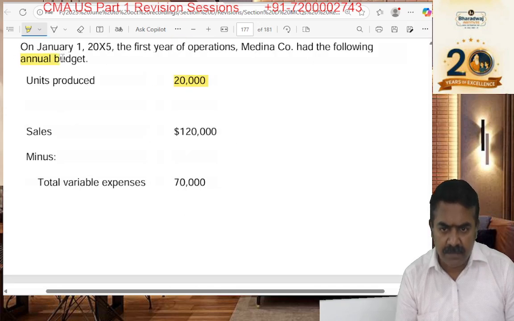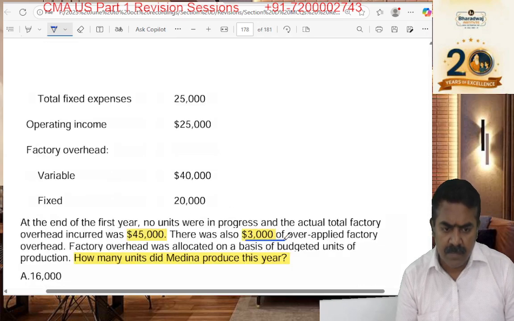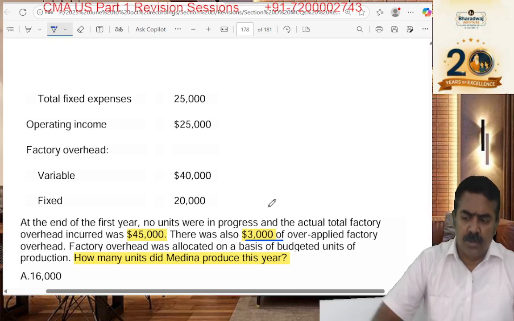This is budget, not actual. Over applied, now 45,000 plus 3,000, 48,000 should have been applied.